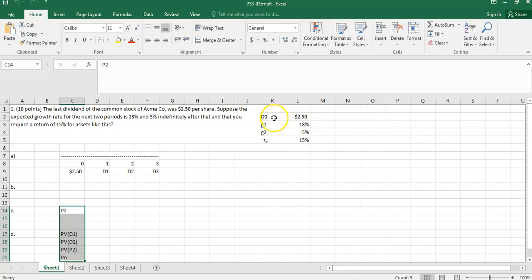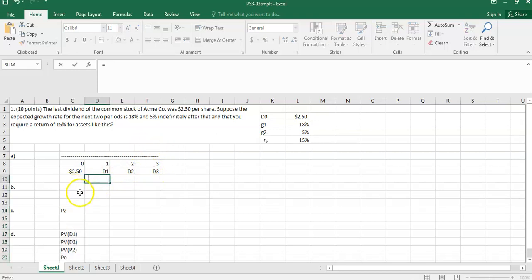All right, so that's our D0. After that, we have a year of growth at which we'll see dividends grow at 18%, and that will help us find D1, and then grow again at 18%, and that will help us find D2. So let's go ahead and then we'll find D3 as well, where here we'll have to be careful that we look at D3, paying attention to the fact that that new growth rate has kicked in. All right, D1 then is going to be equal to my D0 grown by 1 period.